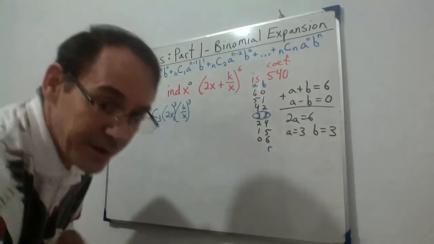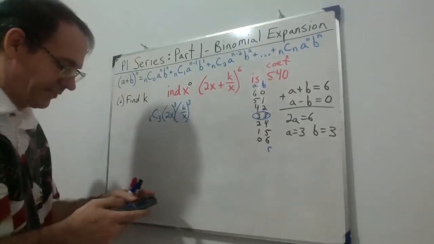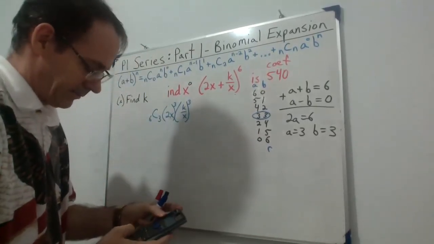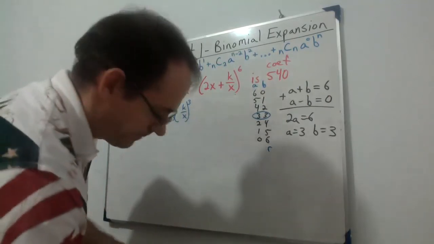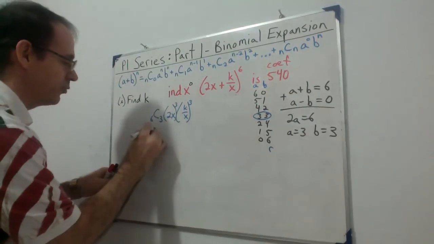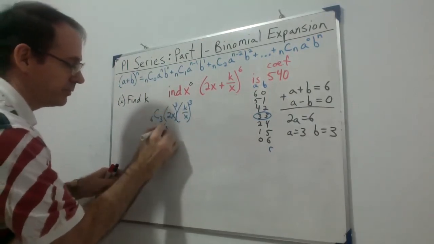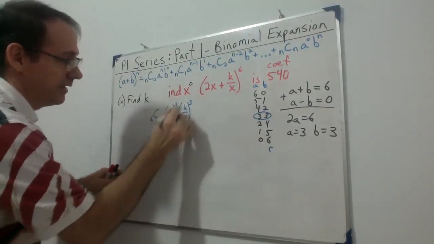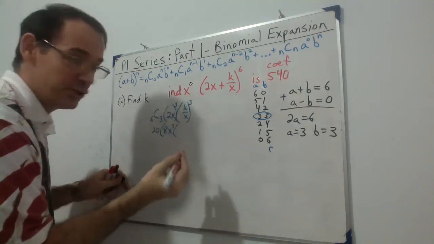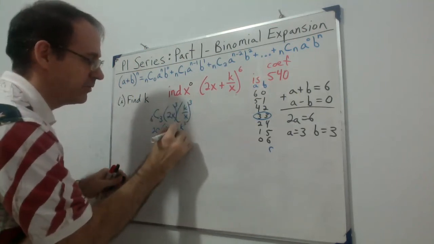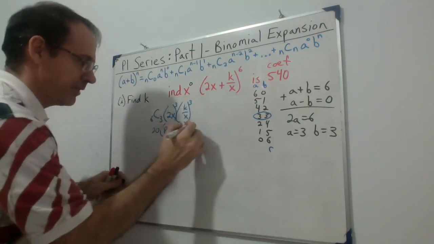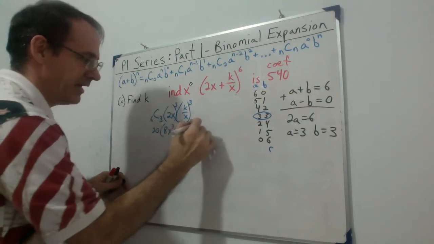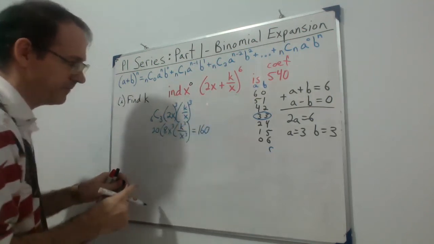So as we solve this, you need your calculator, 6C3, you get 20. So we have 20 times 2 cubed is 8x cubed. Here we have a k cubed, so just keep it k cubed over x cubed. And notice when we multiply this out, 20 times 8 is 160.